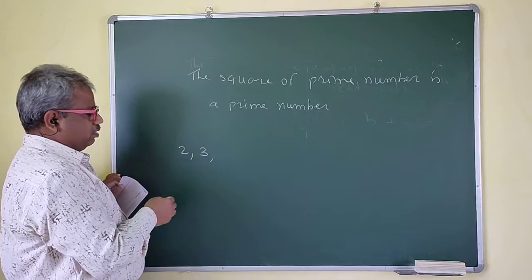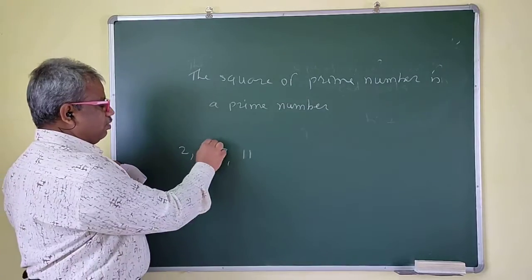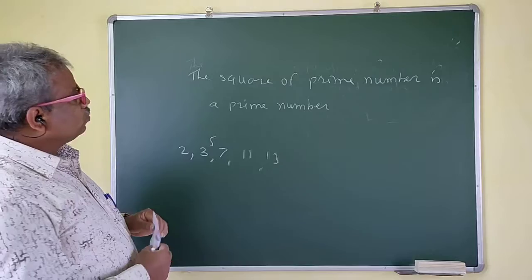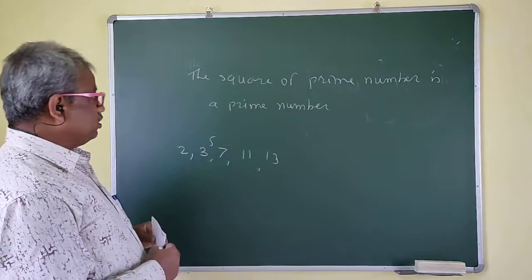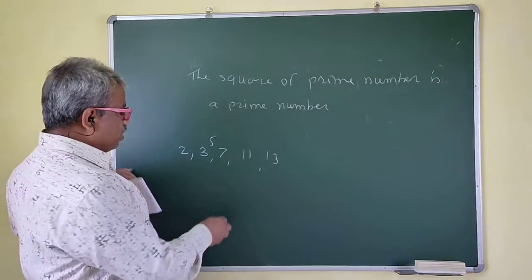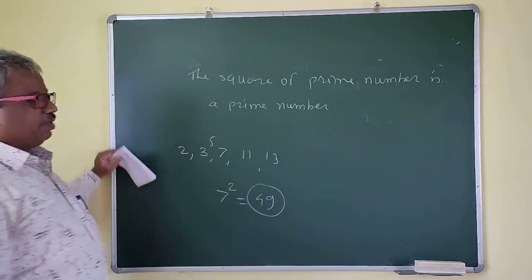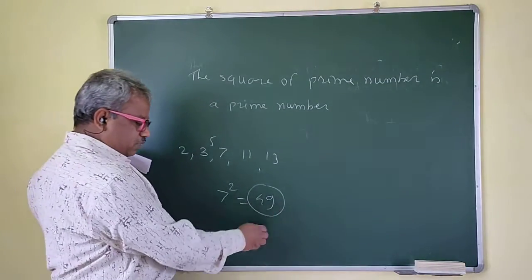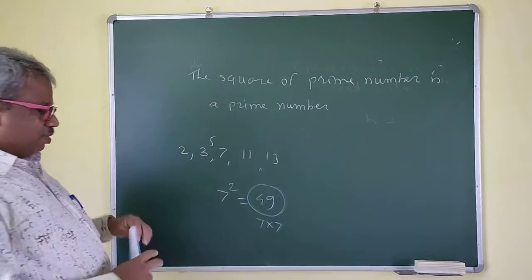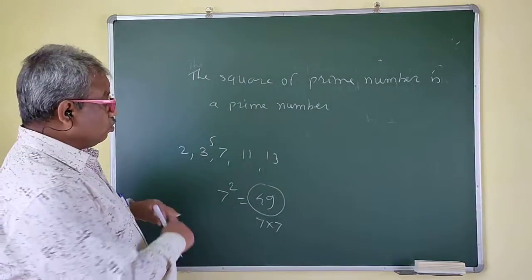It has no factor; you cannot factorize this one. 5, 7, 11, 13 are the prime numbers. So now the square of a prime number: this is 49, the square of the prime number 7. Is it prime? No, it is not prime because 49 you can split as 7 times 7. This is a product of primes, so 49 is not a prime. That means this is false.